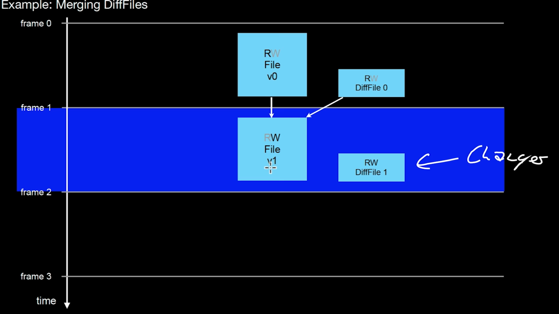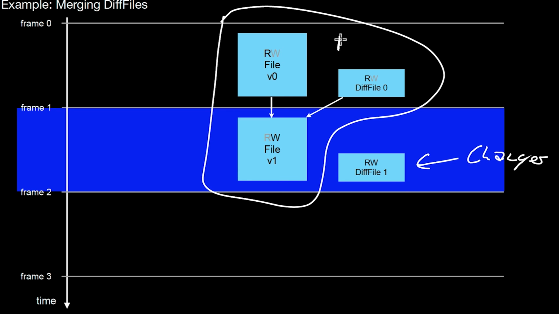And you observe already here, this is not readable, this is only writable, which means what's going on here is a merge. This is a merge operation going on. Changes go to this structure, but then the interesting question is what to do with queries, with read operations. Well, what is the current version at any point in time in this time interval between frame 1 and frame 2?